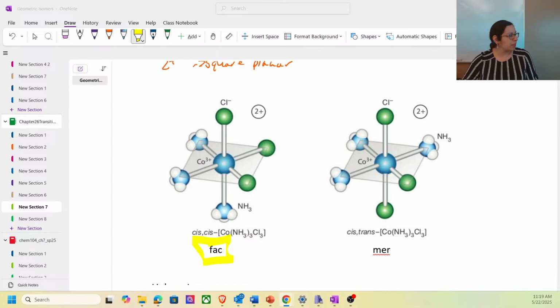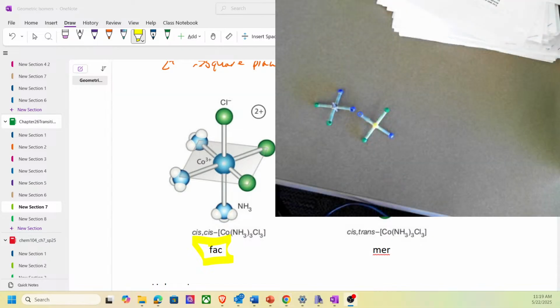Now if we go to our little diagrams over here, the facial one sits so you can rotate it such that all three of the same substituents are on the bottom. So I have that there. And then our other one is our MER isomer.